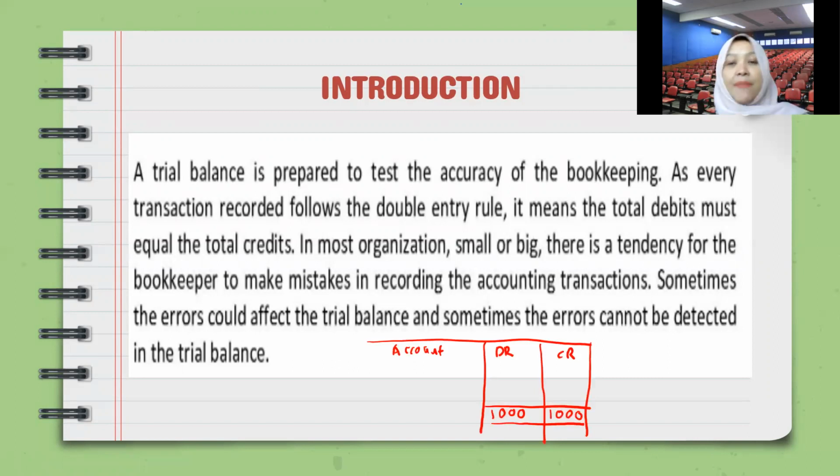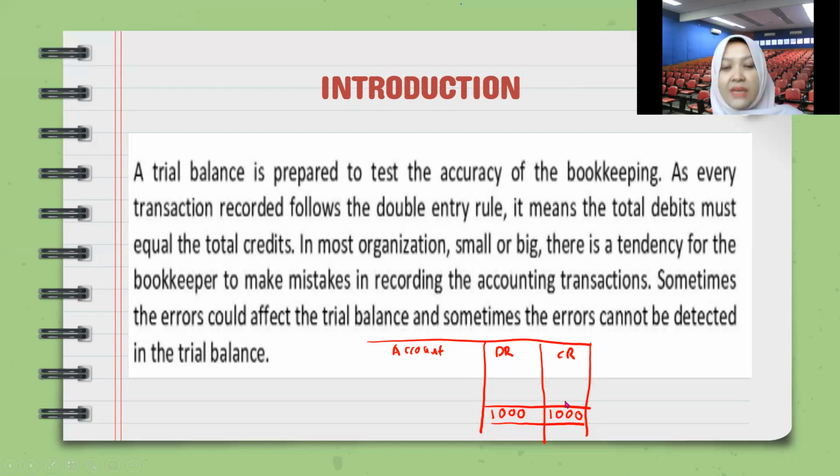But somehow or other your company might make some mistakes or errors where you have put something wrongly in your transaction, so automatically your trial balance will not be correct. Some errors will affect your trial balance, meaning that if your debit is 1,000, your credit will not be the same as 1,000. Maybe it is only 800.